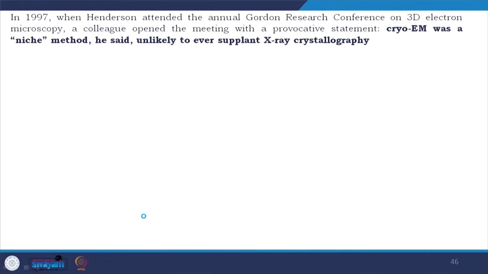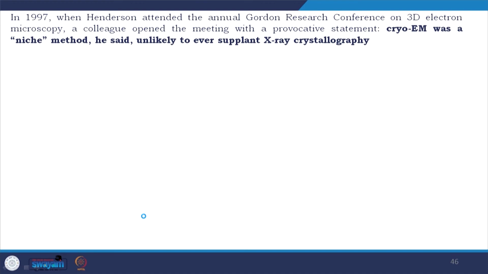Very interestingly, the whole scenario was coming in the life of Professor Henderson, and we will finish our story talking about that. So, in 1997, when Henderson attended the annual Gordon Research Conference on 3D electron microscopy, a colleague opened the meeting with a provocative statement, cryo-EM was a niche method.